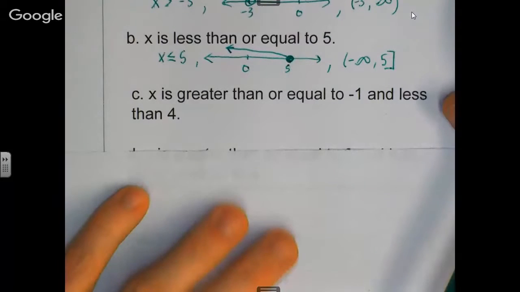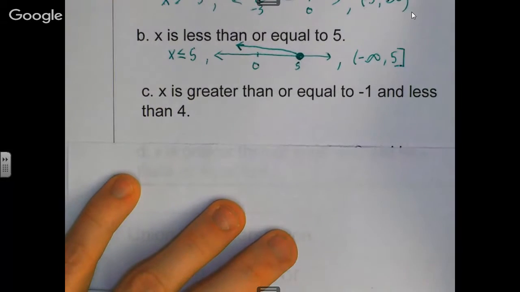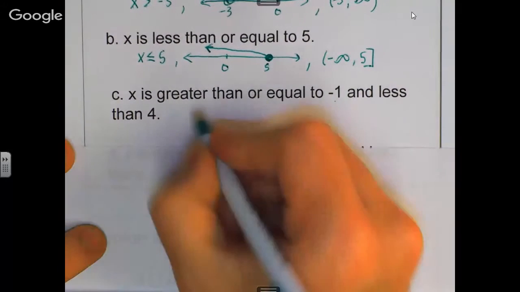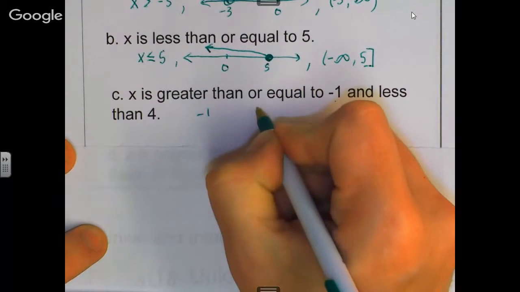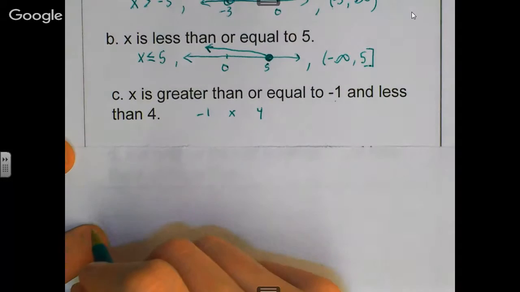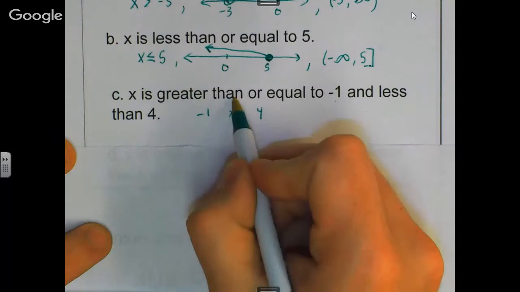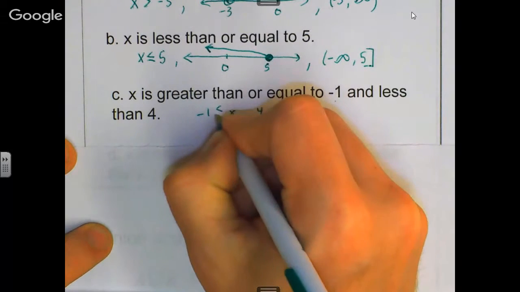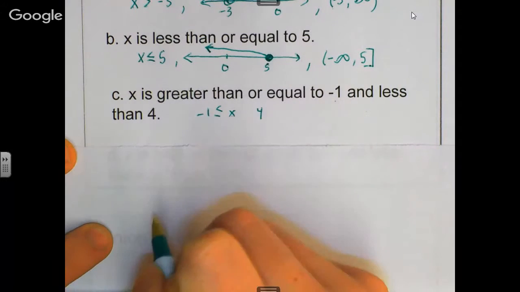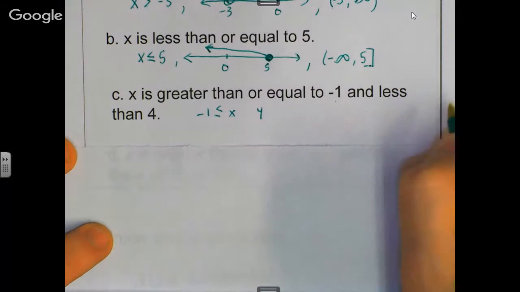All right, x is greater than or equal to negative 1 and less than 4. So I've got my two numbers here, -1 and 4, and x is related to both of them, so we'll put it in the middle. So x is greater than or equal to -1, and less than 4.